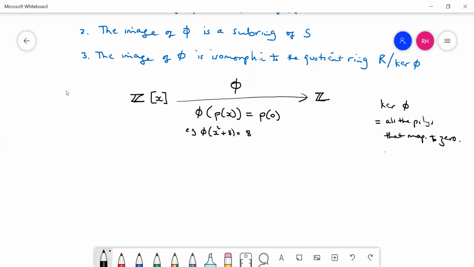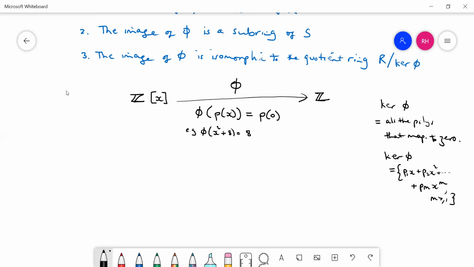So if you think about it, the kernel of phi is equal to, essentially what I'm saying is it's all the polynomials p1x, notice there's no constant coefficient, p2x squared, and I'll put here plus pm x to the m, where m is an integer greater than or equal to 1.